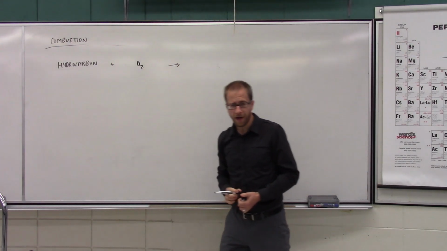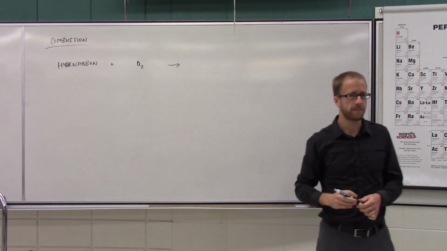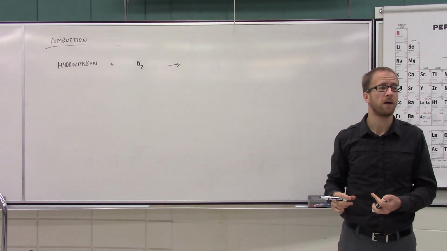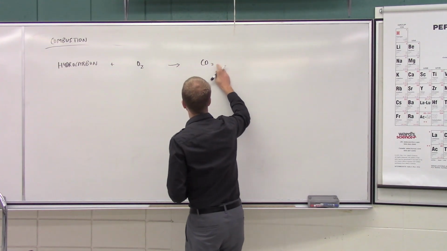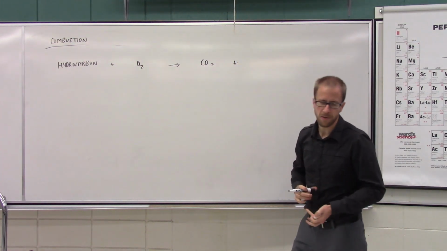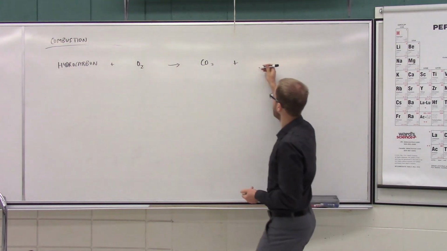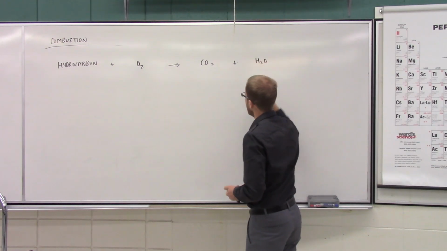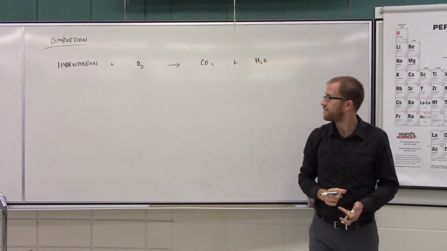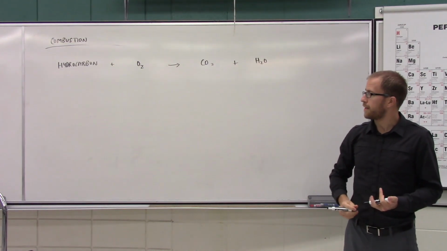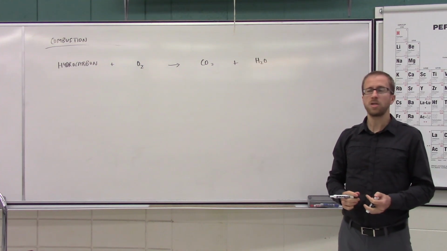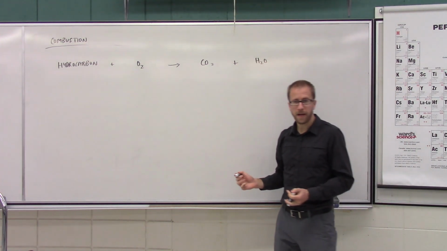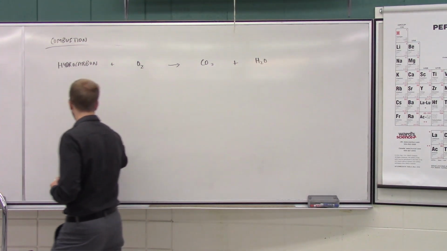And what are your products? Always. You breathe one of them out. CO2. The other one, you need to drink it every single day, otherwise you die. H2O. Maybe not every day, but most of us. Okay, so hydrocarbon plus oxygen gives you CO2 and H2O. So these are perhaps the easiest to identify because your reactants are always going to be the same.